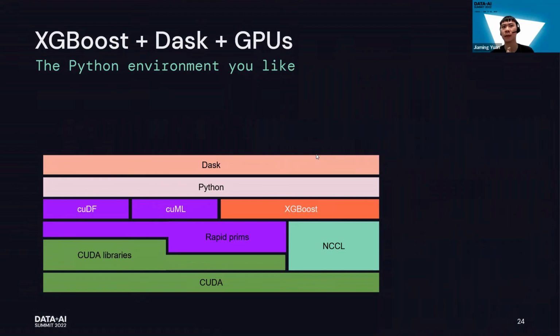This is the stack for XGBoost distributed on a GPU cluster, based on the previous stack I showed in the previous slides. On top of Python, we have Dask, and if you use Spark, then on top of Scala, based on the same stack here, you have the Spark package for XGBoost.